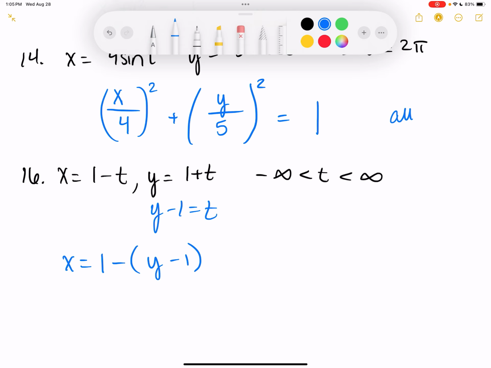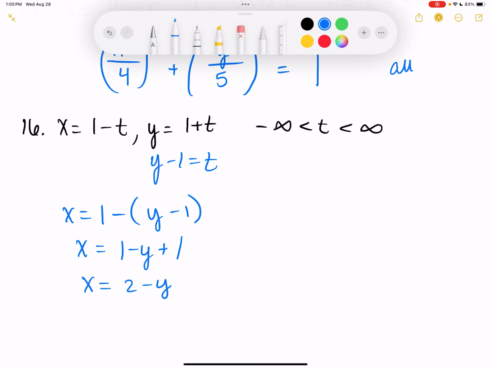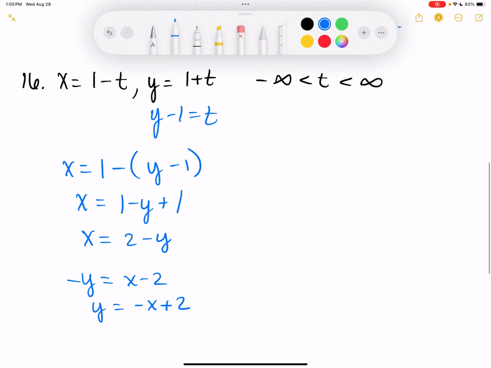So x equals 1 minus y plus 1, and so x equals 2 minus y, or negative y equals x minus 2, so y equals negative x plus 2. And that's a line, so that would also take on all values.